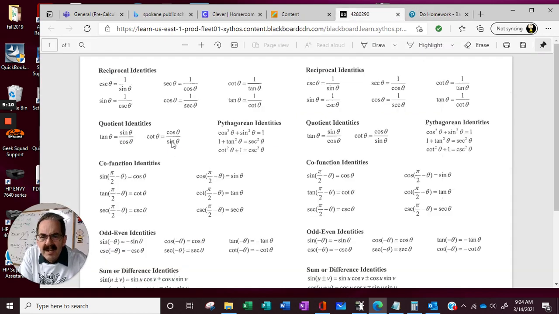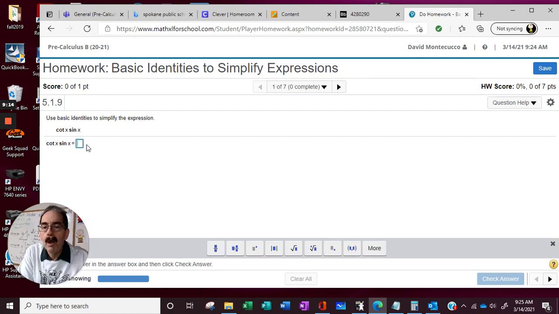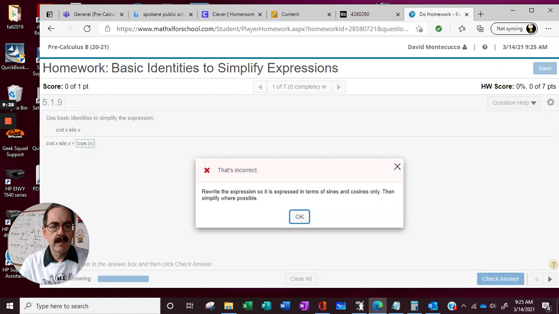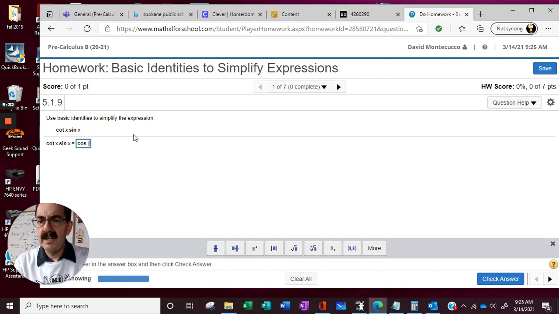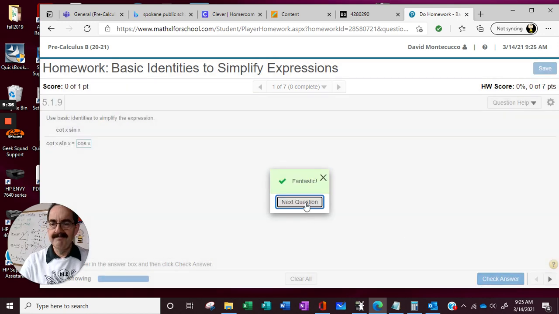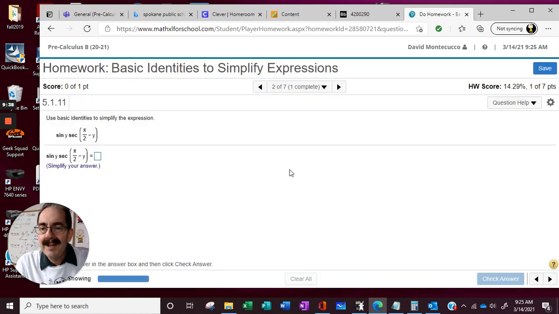The answer is just cosine. Let's see how to enter it: C-O-S. Cosine only, so it doesn't like that. Can we just put the x right next to it? Awesome.